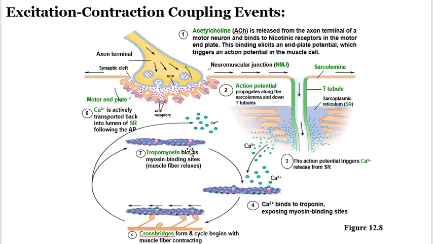Okay, so we will review these steps, these numbered steps, and apply this excitation contraction coupling theory. This is an award-winning theory, won the Nobel Prize in the 70s. We'll apply this to cardiomyocytes next.